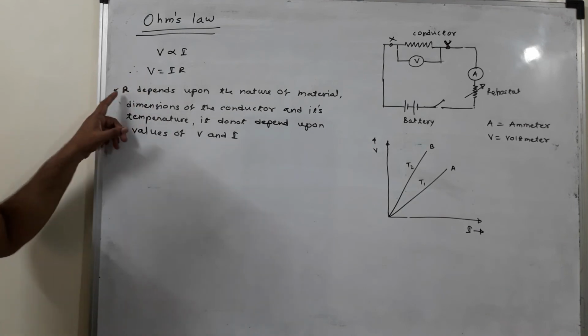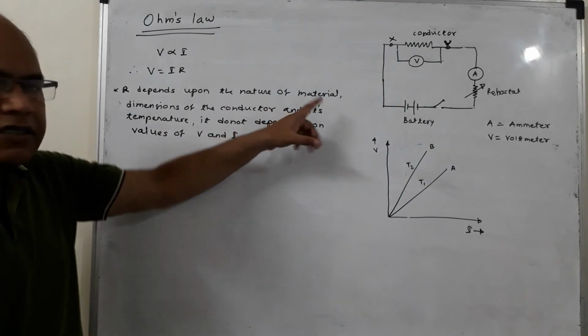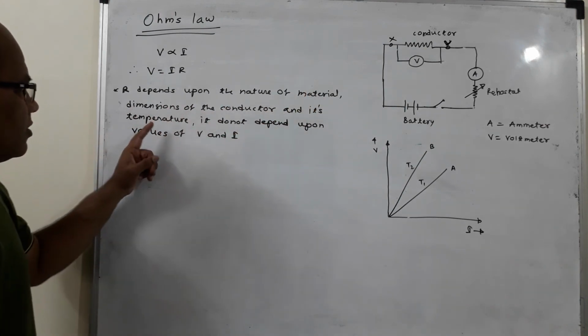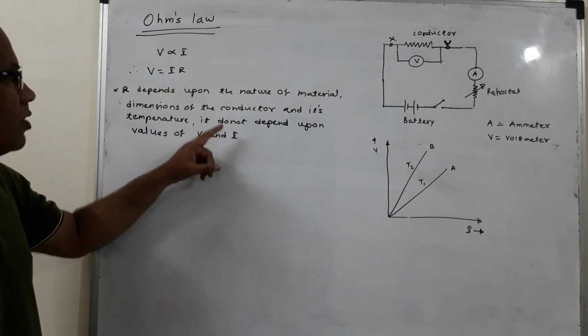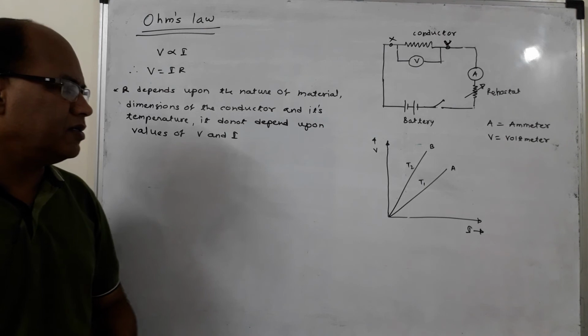This R is called the resistance of the material, and it depends on the nature of the material, dimensions of the conductor and its temperature. It does not depend upon the values of V and I. So you should remember this.